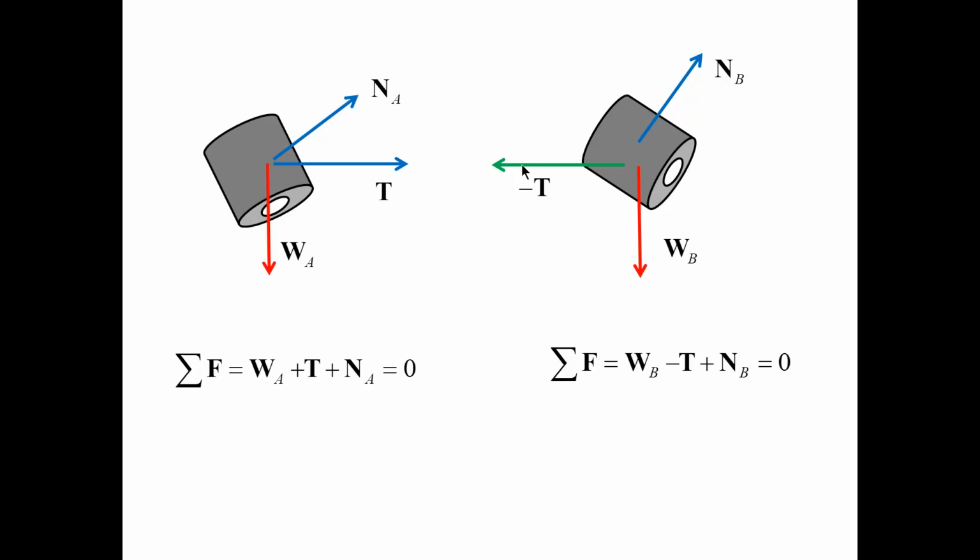The equilibrium equation is, again, the sum of the forces, and in this case, I use minus T to indicate that I'm adding the force minus T. Again, the force NB lives in the plane perpendicular to the gliding direction.